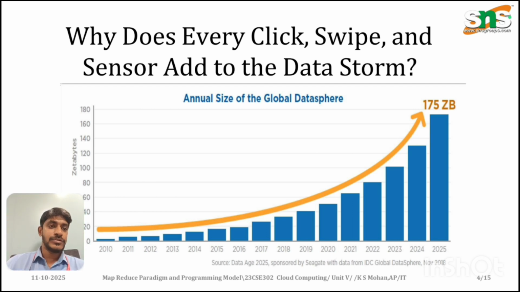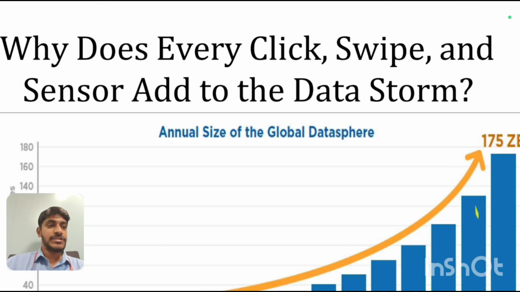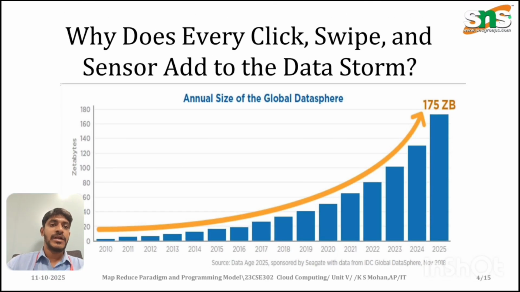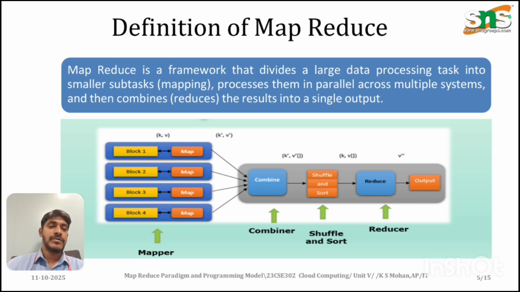In 2023 we reach 100 zettabytes. In 2025 we can see on the screen 175 zettabytes, the increased annual size of the global data sphere.